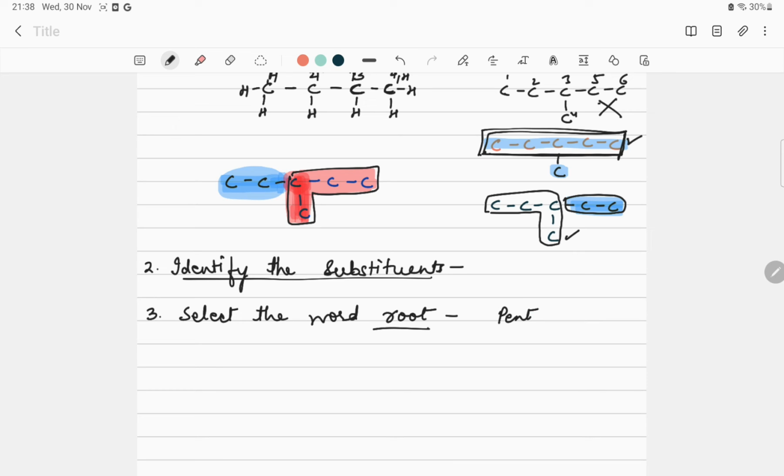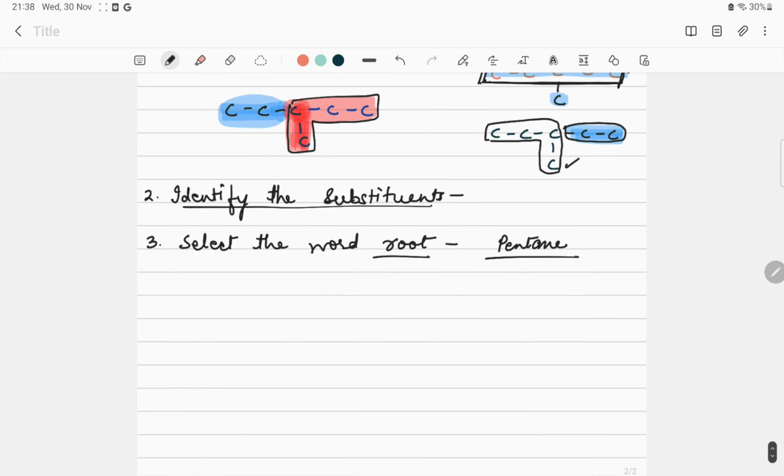Now what else do we require? We require the primary suffix also. All the carbon bonds are single bonded, that is why it is an example of alkane, and so the primary suffix should be pentane. That is how we selected the word root and added the suffix to it.